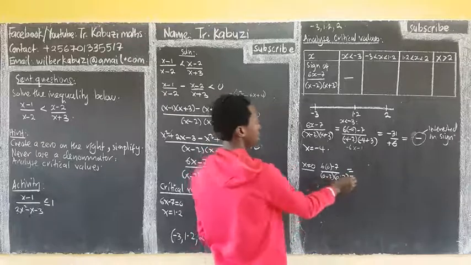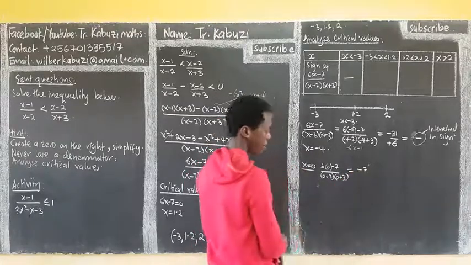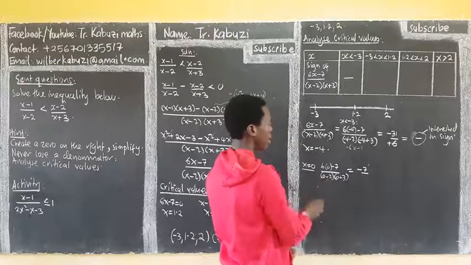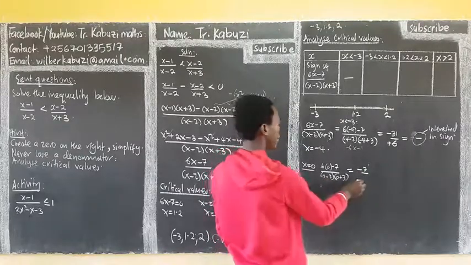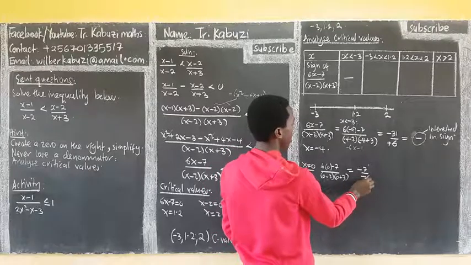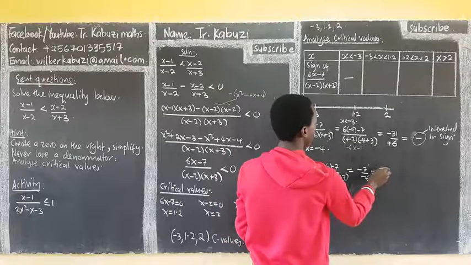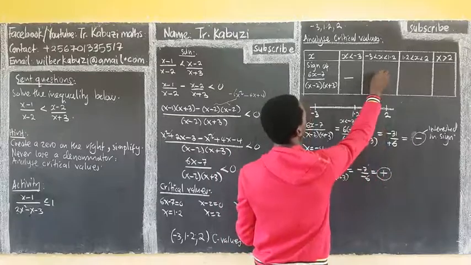The top is negative 7. Then down, this is negative 2 times positive 3, which is negative 6. And negative divided by negative gives a positive. So here I put a positive.